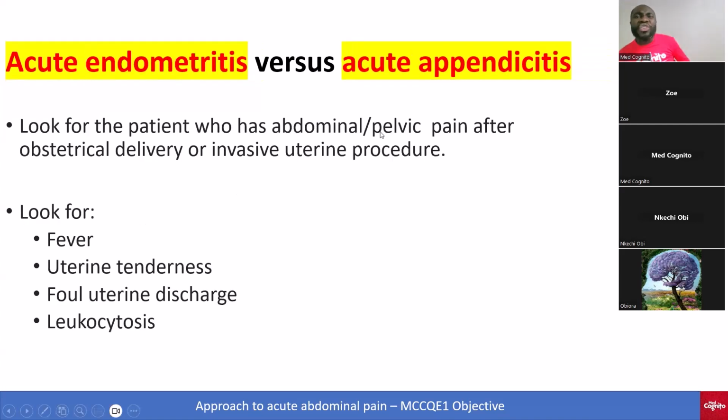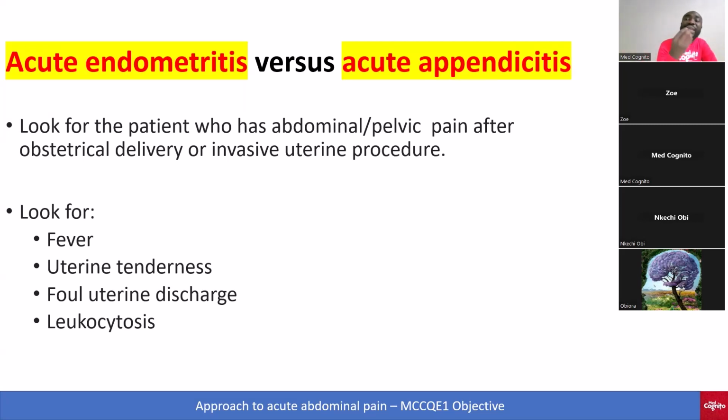What about endometritis? Don't confuse endometritis from endometriosis. Endometritis versus acute appendicitis. What in the question stem should point me to start thinking, this is endometritis? In endometritis, look for that patient who recently delivered a baby, or look for that patient who recently had an invasive uterine procedure like hysterosalpingogram, like dilatation and curettage.